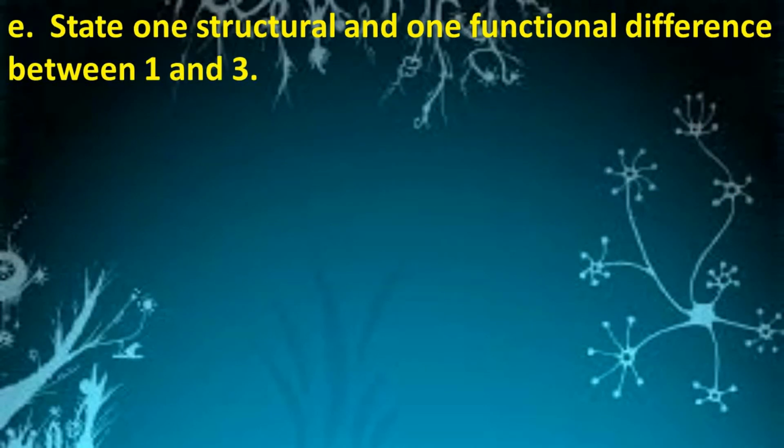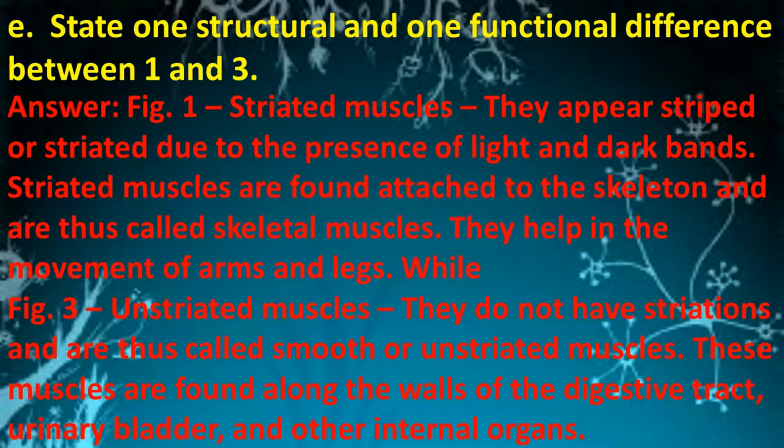Next question. State one structural and one functional difference between 1 and 3. Figure 1, striated muscles. They appear striped or striated due to the presence of light and dark bands. Striated muscles are found attached to the skeleton and are thus called skeletal muscles.